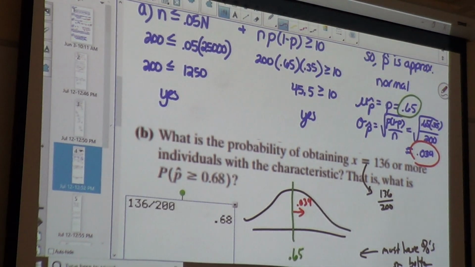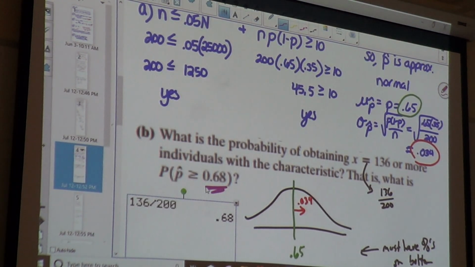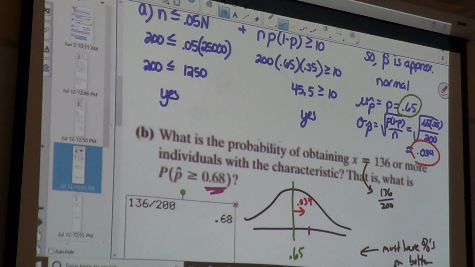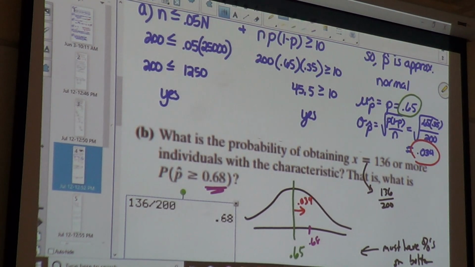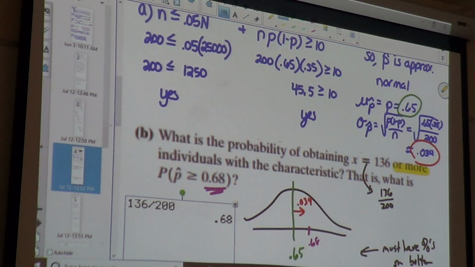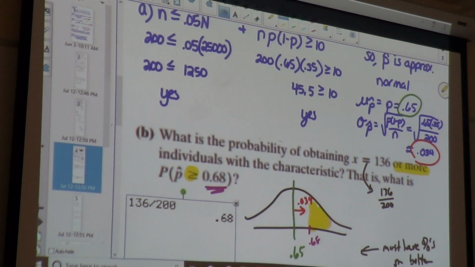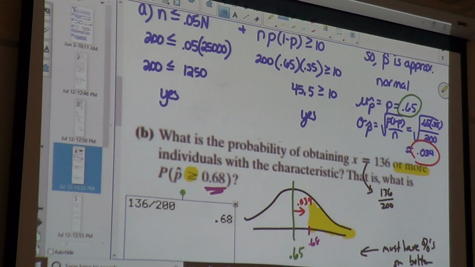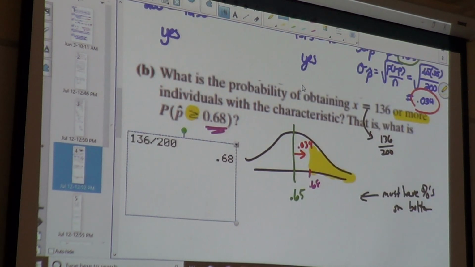So this is kind of like, quote unquote, my z-score. 0.68, and we are shading which way? Or more, so we're shading this way. Now, we're still going to do the normal CDF like we've always been doing.